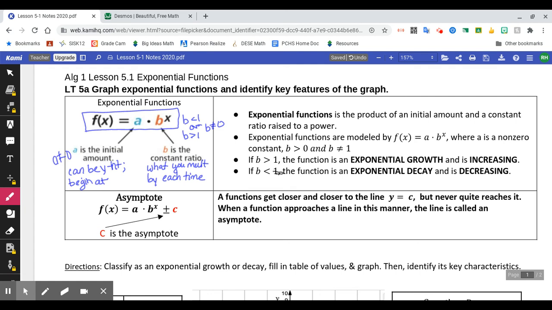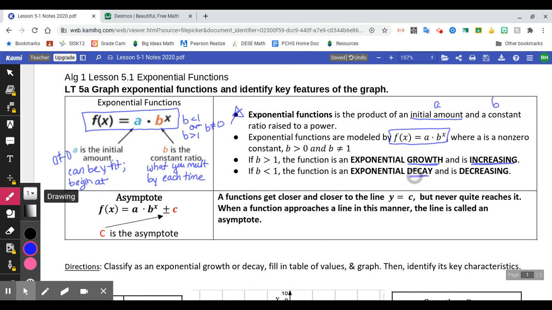So an exponential function is the product of an initial amount, so there's your a value, and a constant ratio raised to a power. Exponential functions are modeled by f of x equals a times b to the x. If b is greater than 1, then it's exponential growth, which is increasing. If b is less than 1, then it's exponential decay, which means it's decreasing.